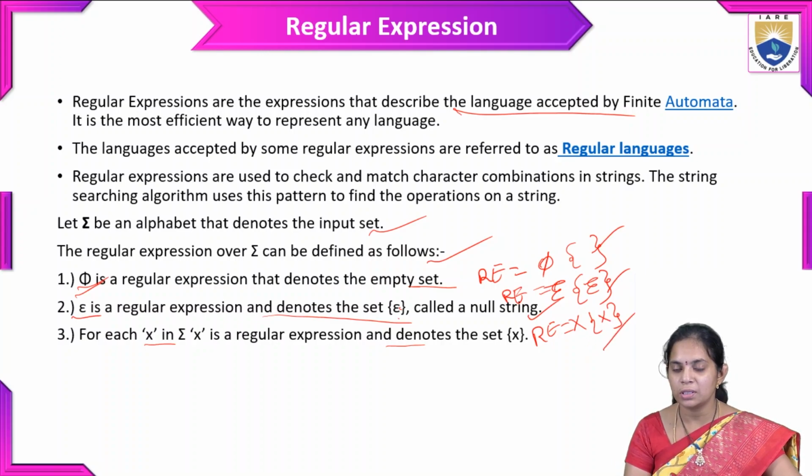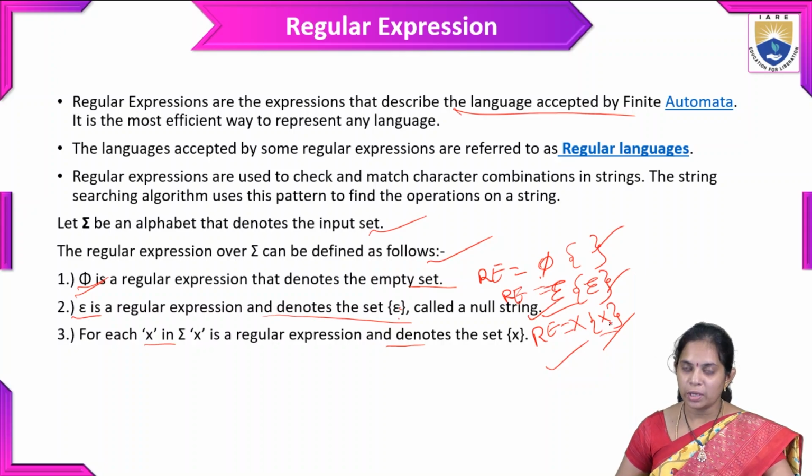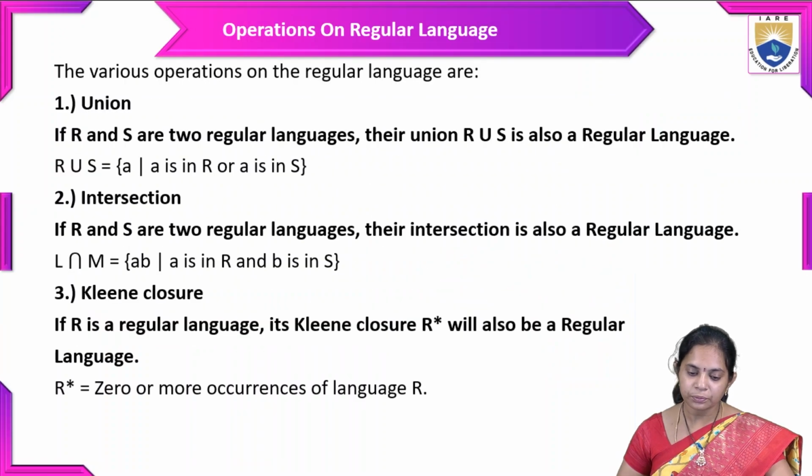The first one is phi or the empty set, which is also a regular expression. The second one is the epsilon symbol, epsilon input as a regular set value, which is also a regular expression. And x, except phi and epsilon, whatever values are there, those are also called a regular expression. So this is about the regular expressions.